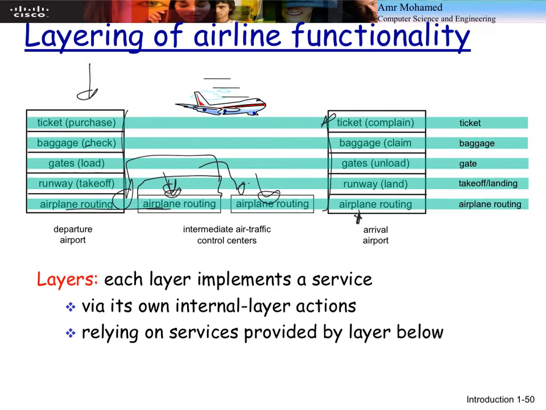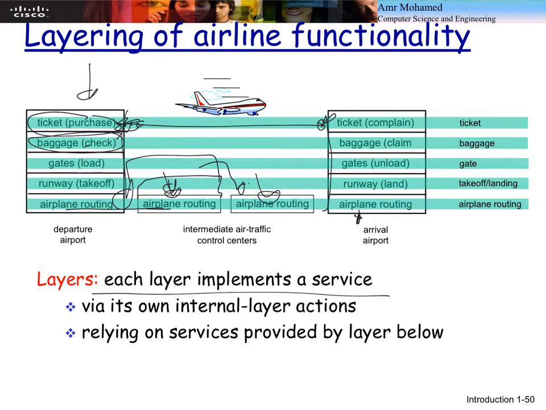I also have to mention here that, of course, at each layer, we have to implement a certain service. So here we have to do a ticketing service. We have to do a baggage service. And the good thing about this is that, first of all, there is a logical type of horizontal communication between each layer.